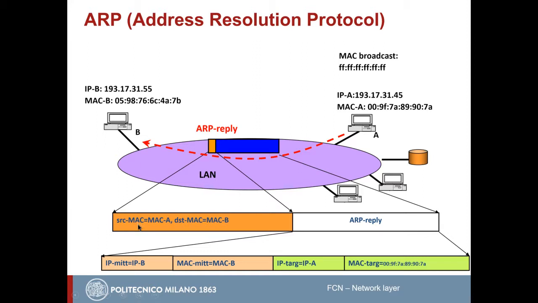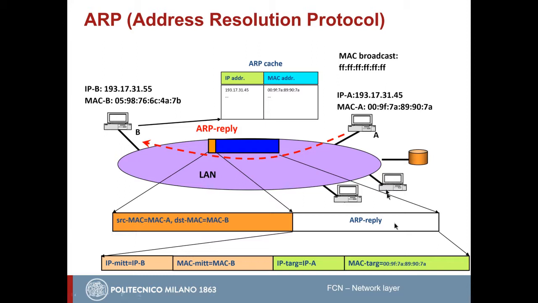In the header of the layer 2 frame you will have the source MAC address, which is A, and the destination MAC address, which is B. Then in the ARP reply message there will be again the identity of B repeated, and then as a target the IP address of A and the MAC address of A. So B gets the message and is able to copy this information into its MAC table. So now the table is available. When B has to send an IP packet to A, it knows where to find the MAC address.